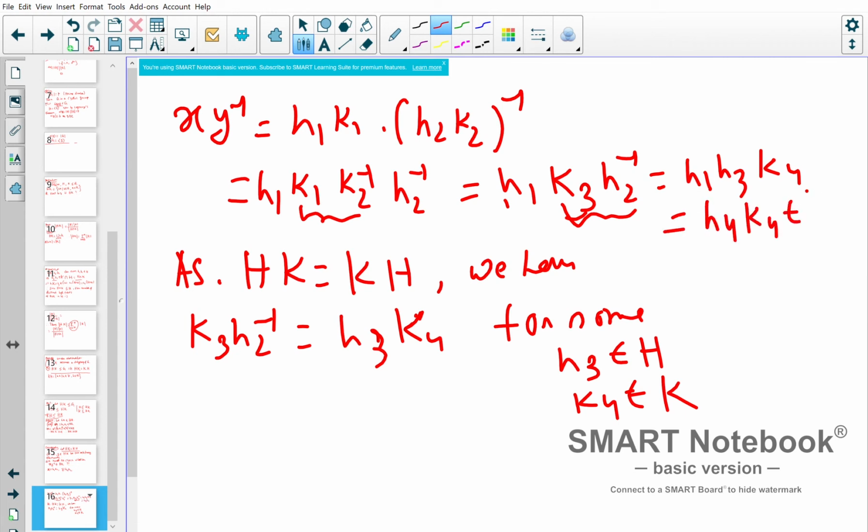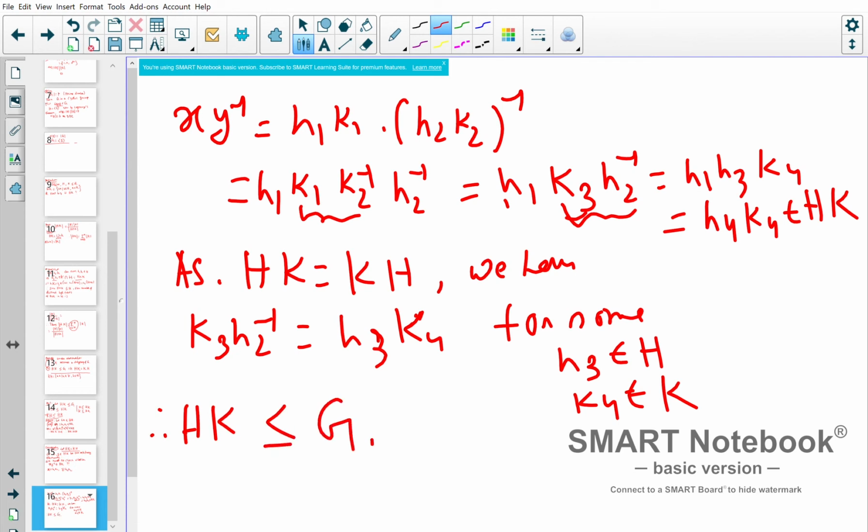Now which will be inside this set HK. So what happened then? Whenever you have x and y belongs to HK, you see the xy inverse is also an element of HK, and this is the proof. So this gives you thus HK is a subgroup of G, right?